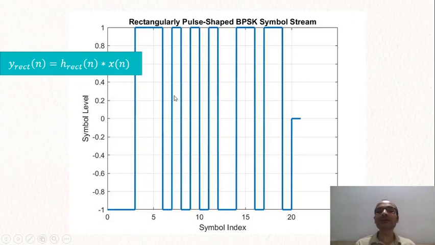And so what was earlier just an impulse has now become a pulse. And these pulses are much easier for an electronic circuit to synthesize. This is something that can be implemented at a transmitter of a BPSK system.